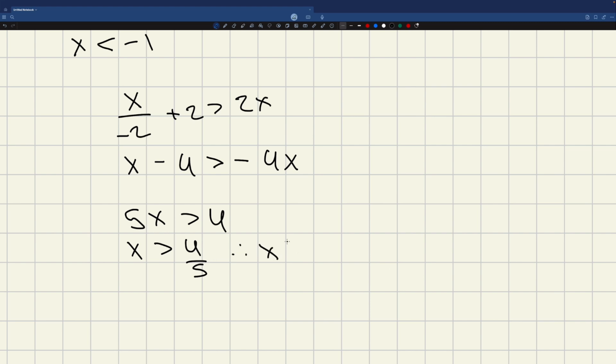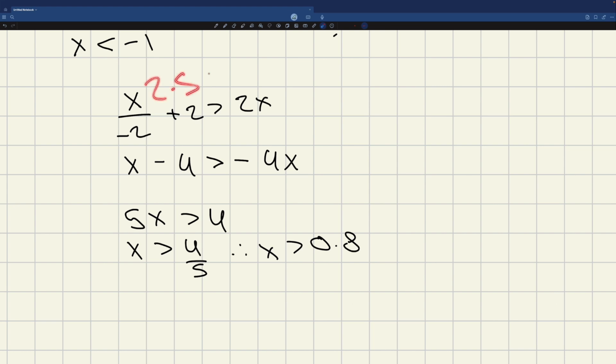Therefore, x must be larger than 0.8. Now, once again, let's check if this works. So if this is correct, then x can be equal to 1, because 1 is larger than 0.8. So let's check this. 1 divided by -2 is -0.5. -0.5 plus 2 is 1.5. 2 times 1 is 2.